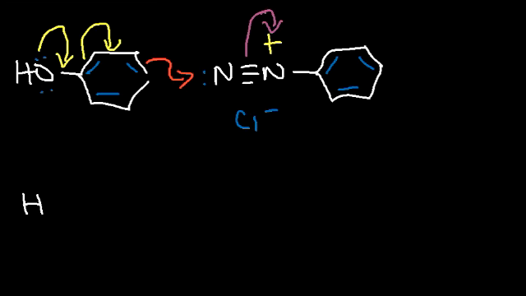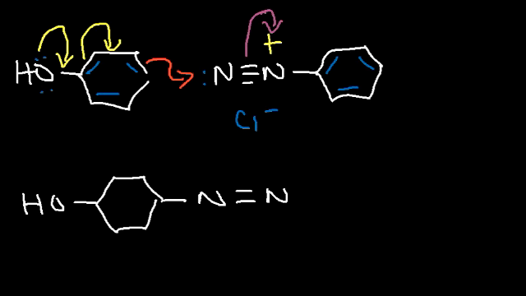And so these two are going to combine, and they're going to form like an azo linkage. This reaction is very useful for making azo dyes. Notice that the system is conjugated.